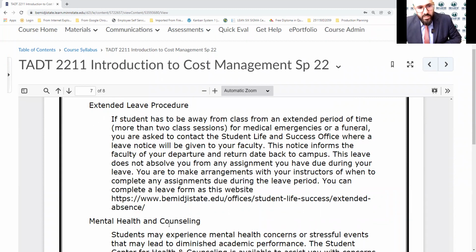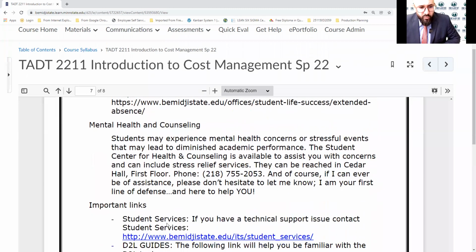There is other information about extended leave procedures. If you need to leave for a week for any reason, such as an emergency, COVID cases in your family, or military service duties, you apply for extended leave and they should approve that.